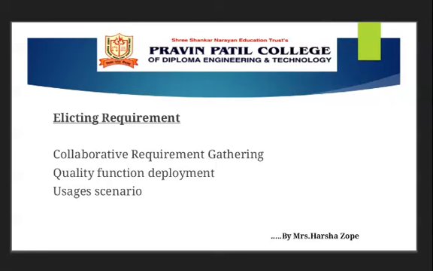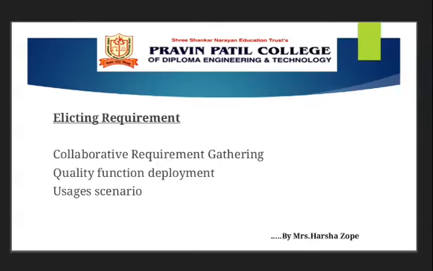These are some guidelines for the FAST approach that we have studied. First, collaborative requirement gathering, and next we will go towards quality function deployment. Then we will see what is quality function deployment.